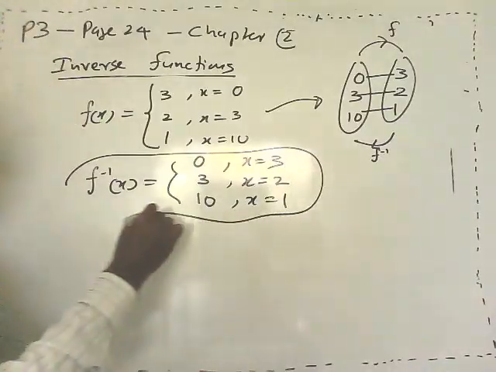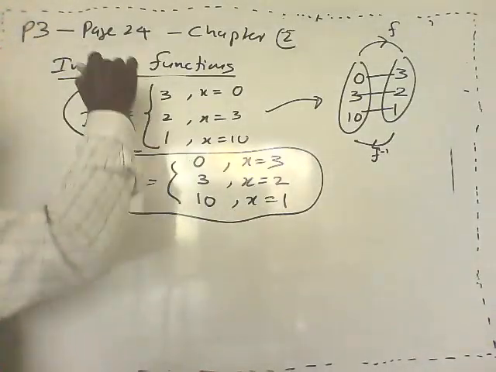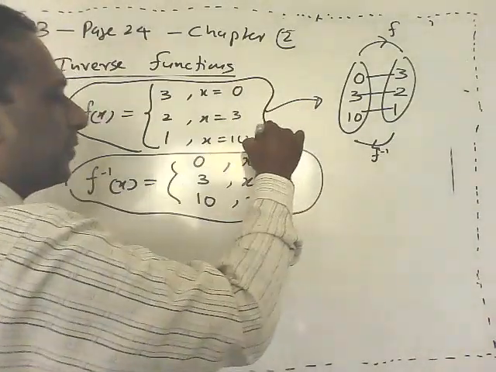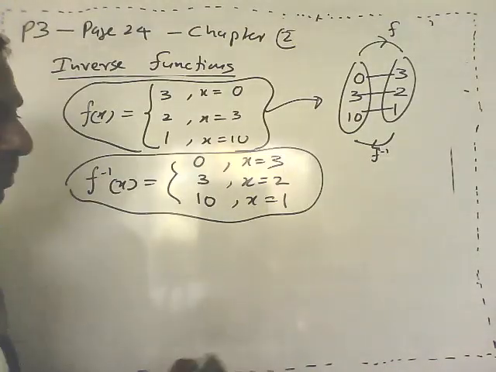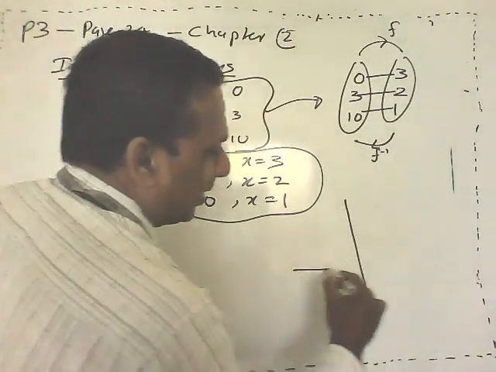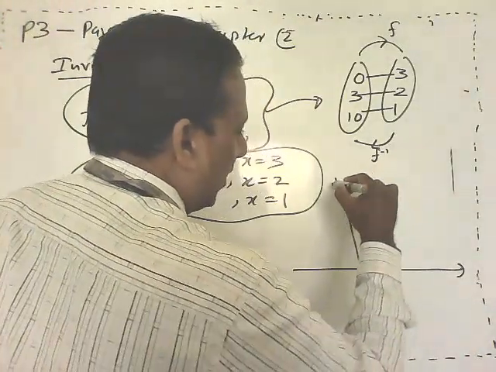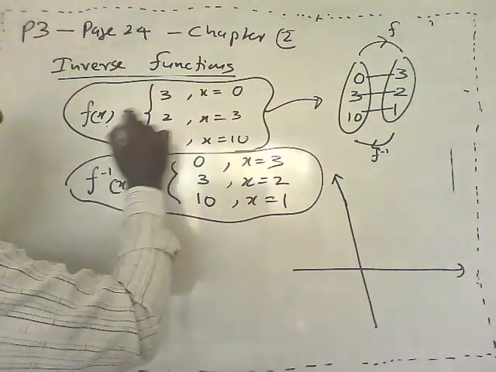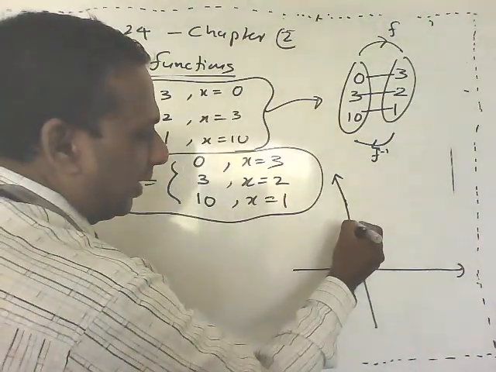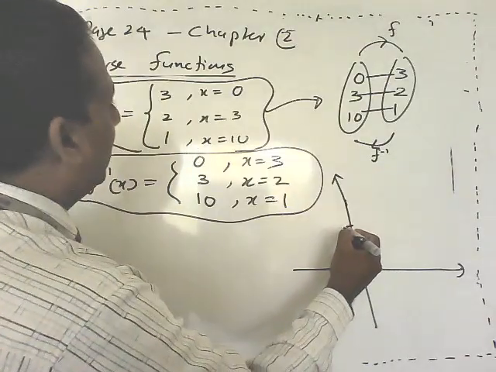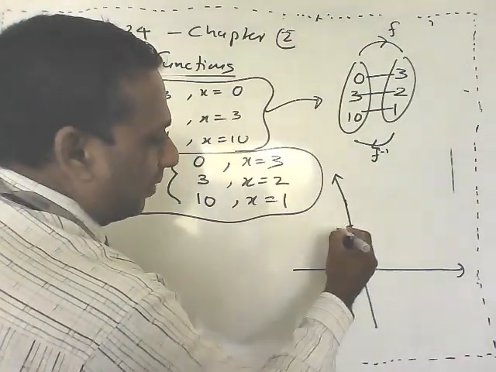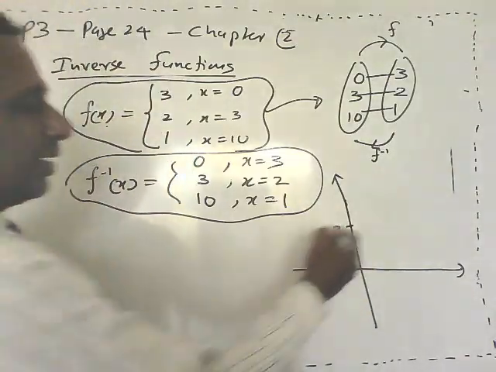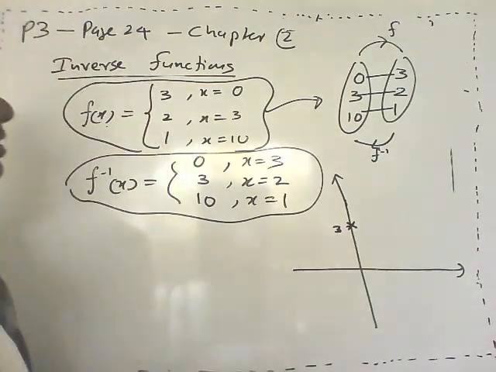Now we'll see, if we put this in a Cartesian plane, what would happen? If you take the Cartesian plane, f of 0 is going to be 3, so 0, 3, and the cross is there.